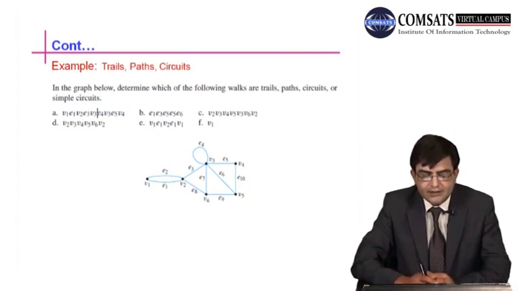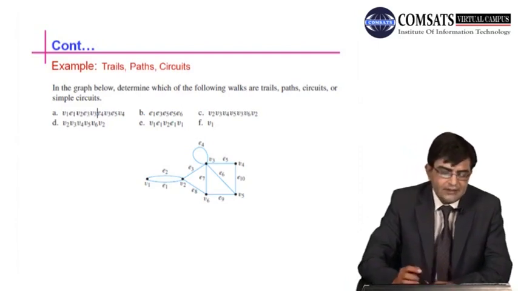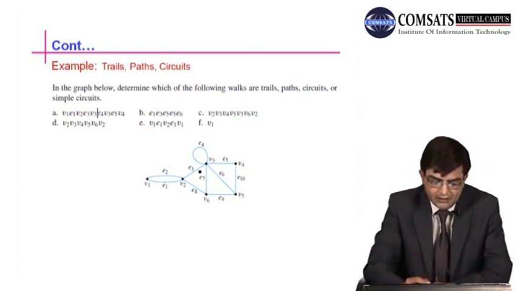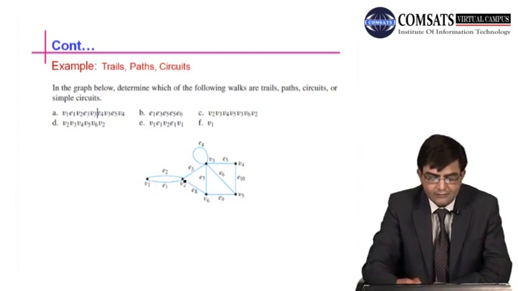In the graph below this, determine which of the following walks are trials, paths, circuits, or simple circuits, or closed walks. Now first, here is given V1 E1, V2, E3, V3, E4, we again reach E3, E5 and V4.